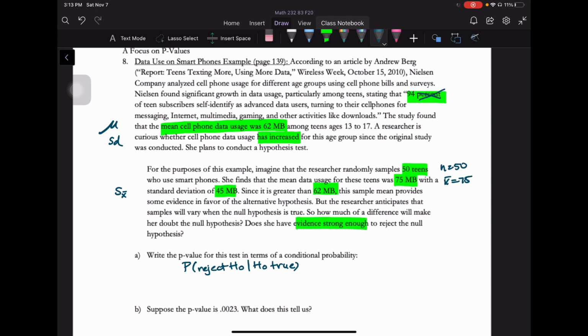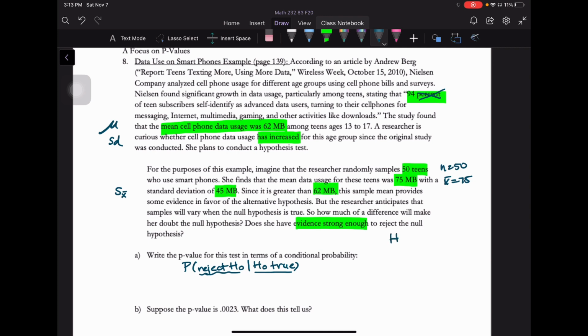And they showed you this conditional probability in earlier modules. So just to remind you, this is saying we know that the null is true, then what is the probability of then rejecting? In this case, when we're trying to write this in terms of conditional probability, we need to know what the null and the alternative hypothesis are.